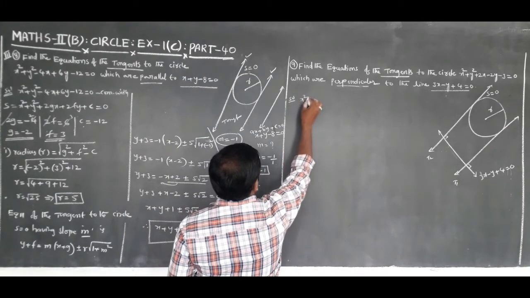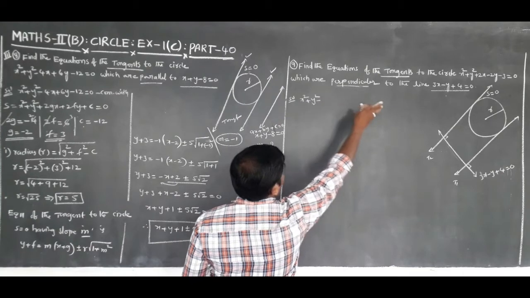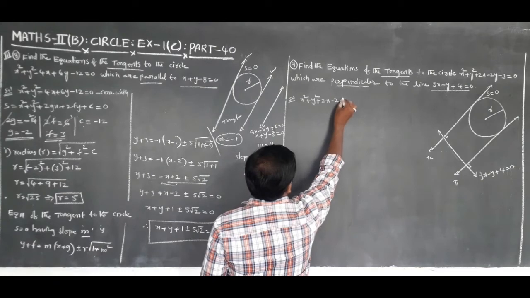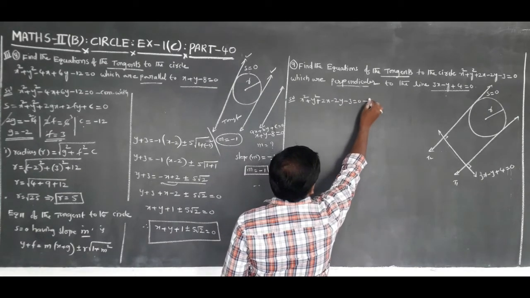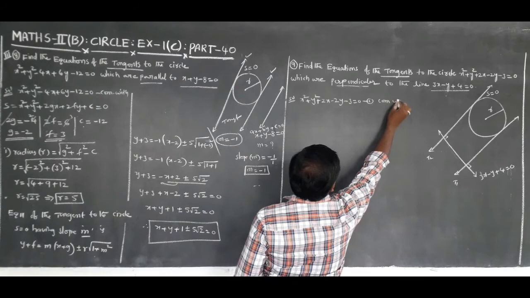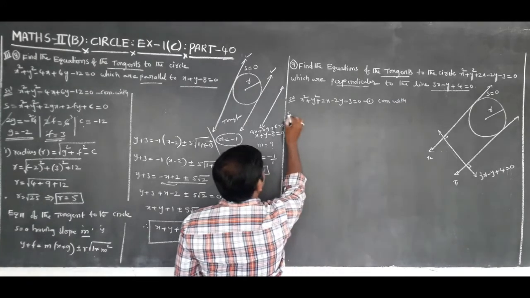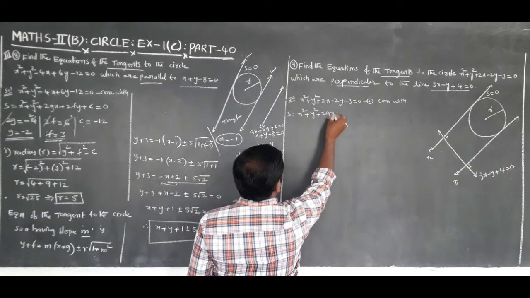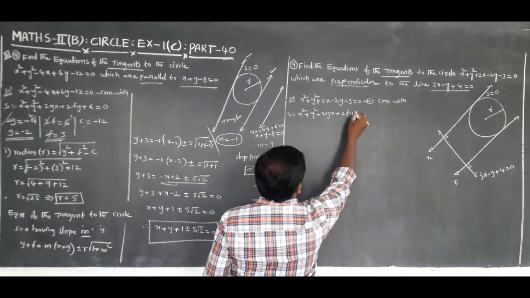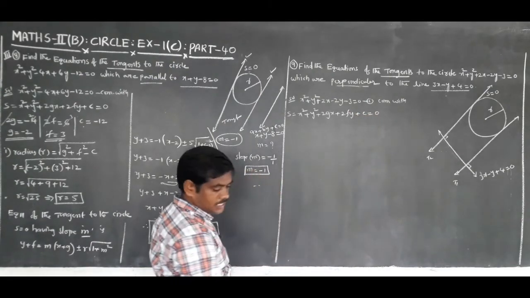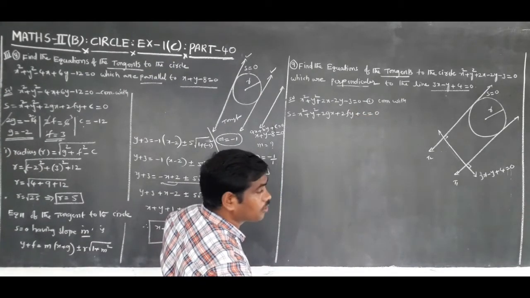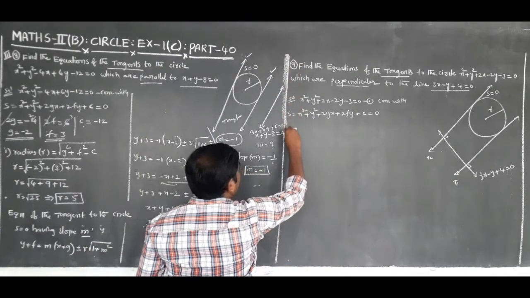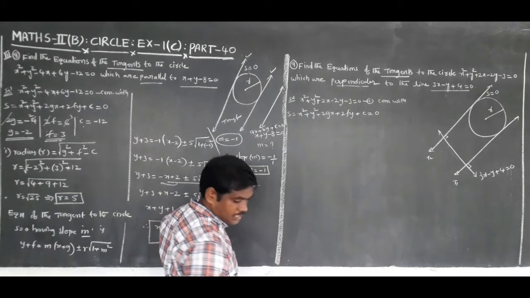The equation of the given circle is x² + y² + 2x - 2y - 3 = 0. Comparing with the general equation x² + y² + 2gx + 2fy + c = 0.